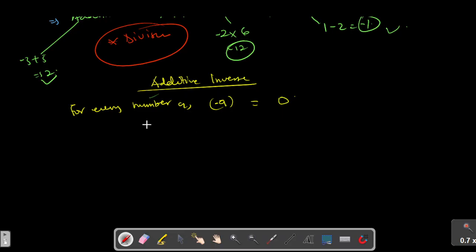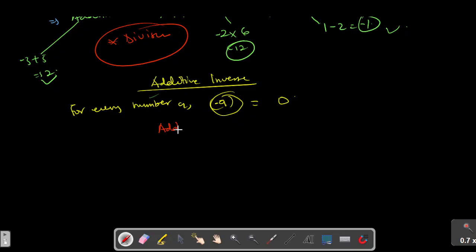I say it again: for every number a, there is another number, negative a, which we call the additive inverse, so that when I add this additive inverse to the number, I get the additive identity, which is 0.